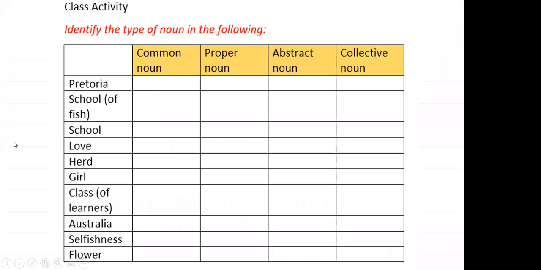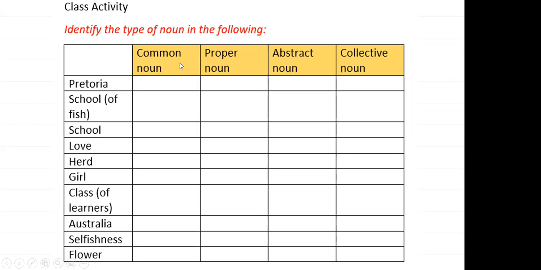Okay, so here is an activity we can do together. For this one, we will need to use our mics for the remaining 6 minutes of our lesson. In this class activity, I am asking you to identify the type of noun in the following. So here are the nouns in the first column.